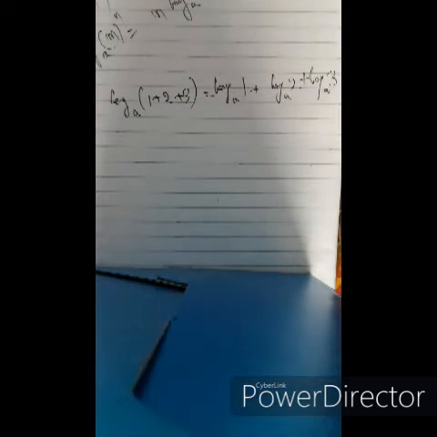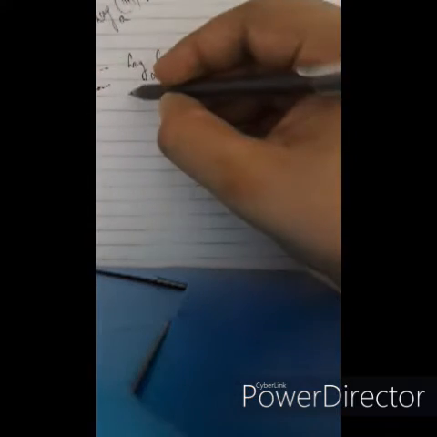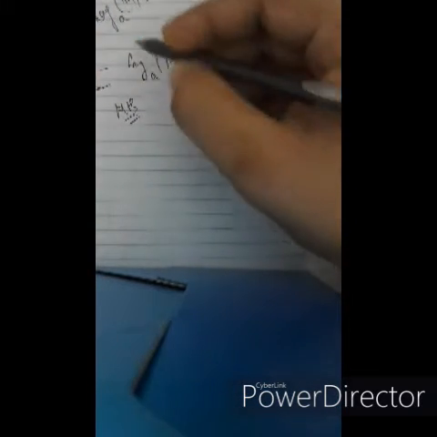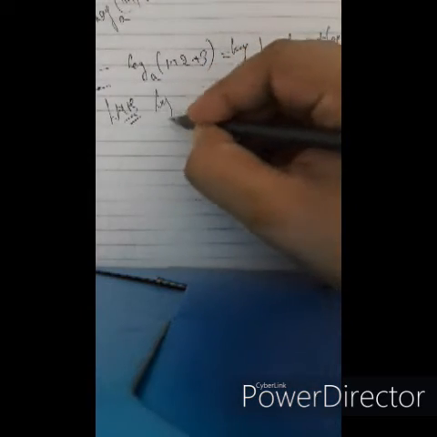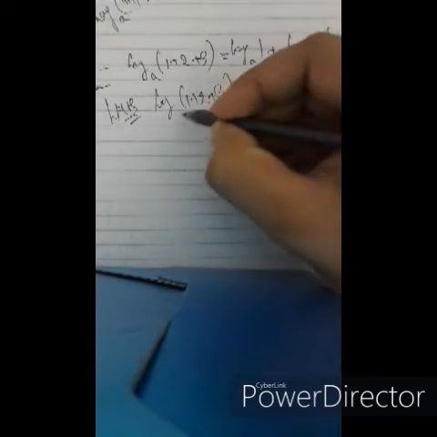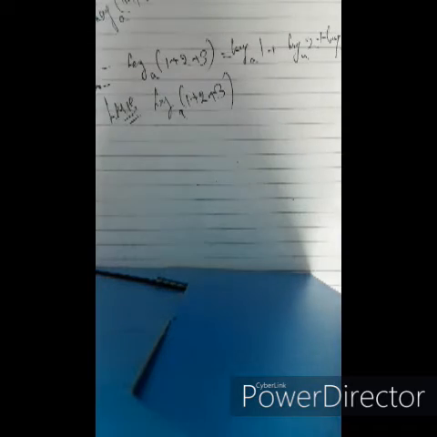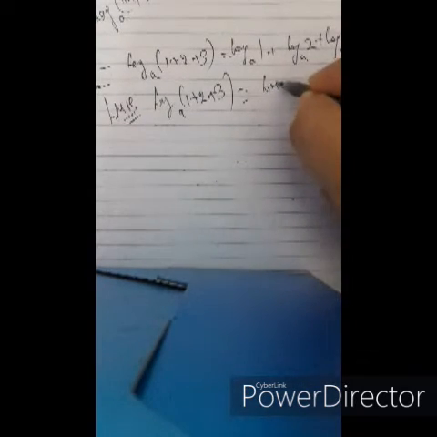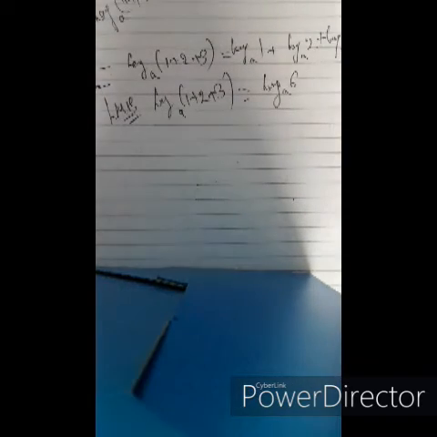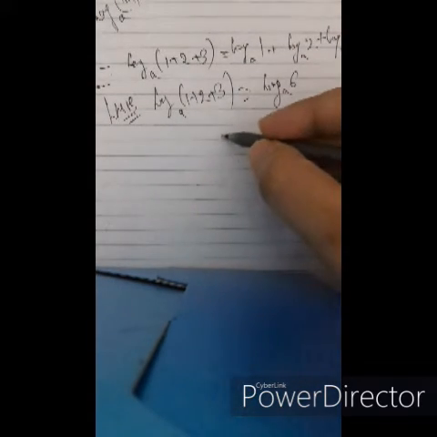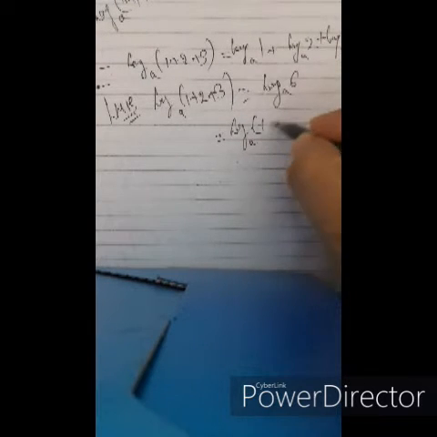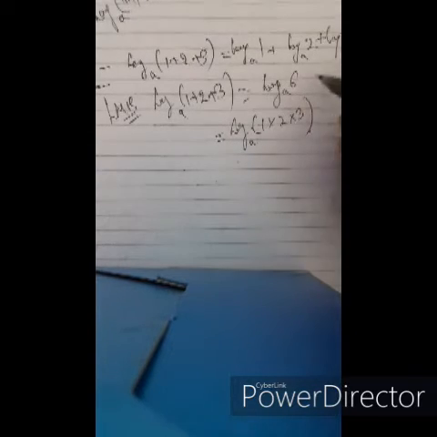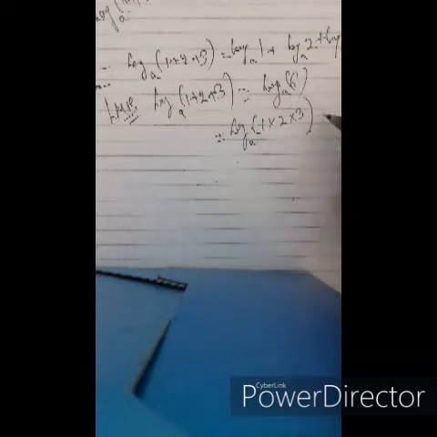So let's solve this. Taking the LHS first, log of 1 into 2 into 3 base a. Here 1 into 2 into 3 is 6, so it becomes log 6 base a. Now what can we write 6 as? 6 can be written as 1 into 2 into 3.